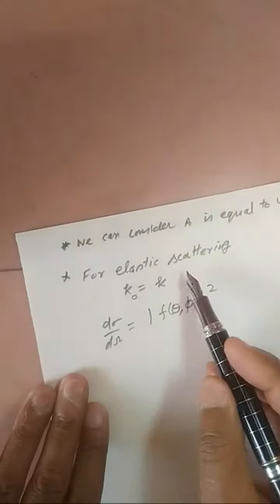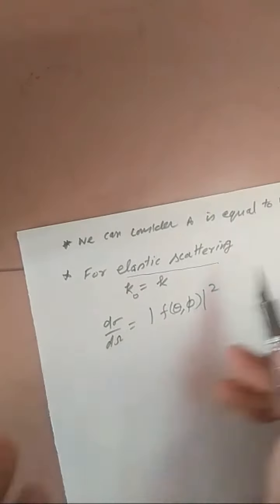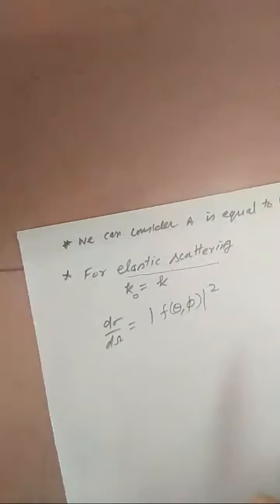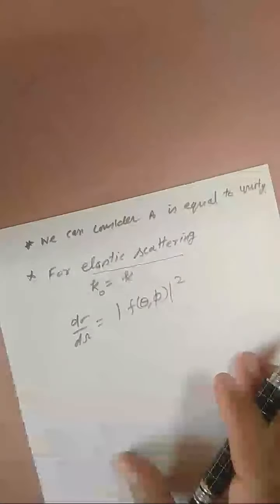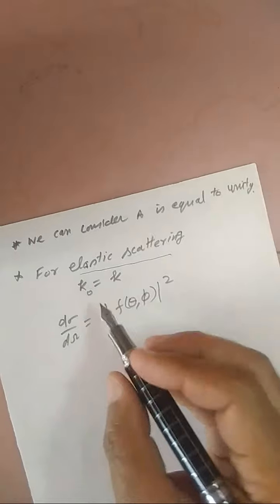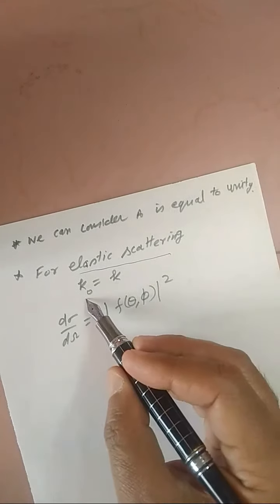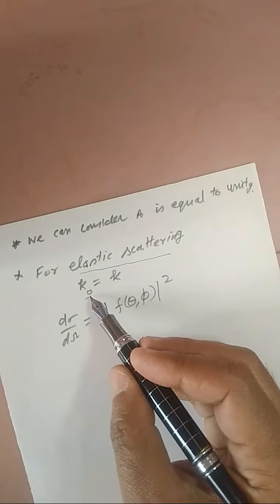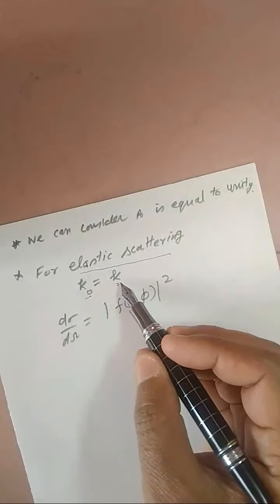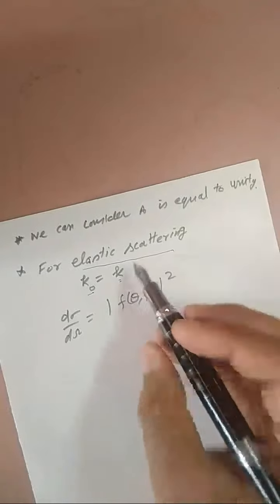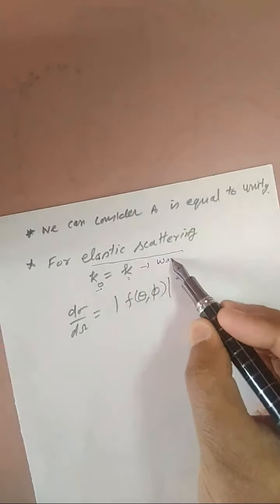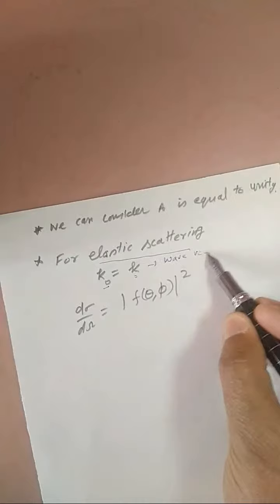Now consider that the scattering process, the collision, is elastic. In that case, for an elastic process, k naught comes out to be k. So these are the wave vectors: the incident wave vector and the scattered wave vector.